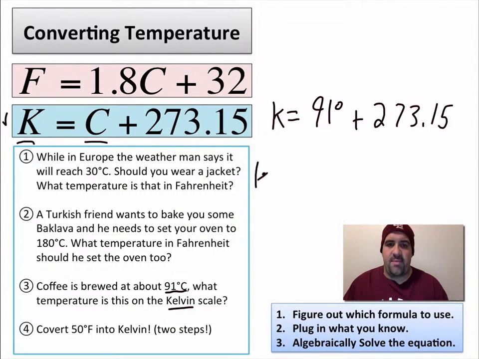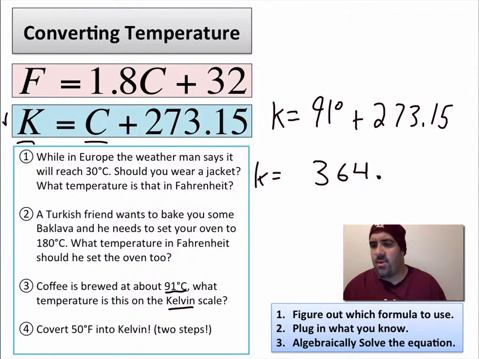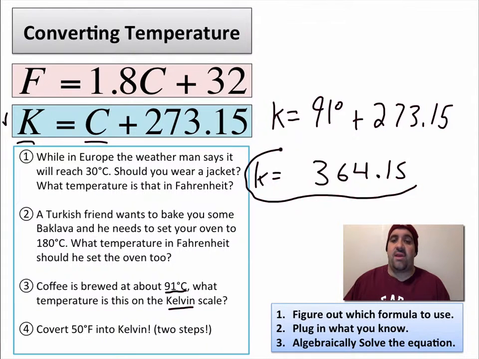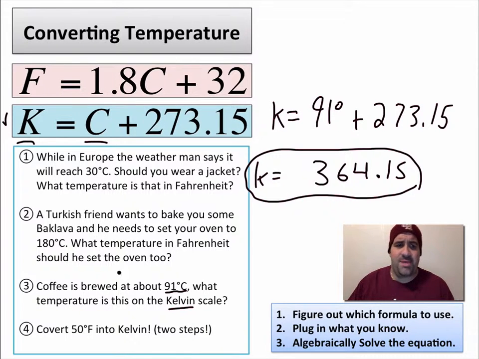So the Kelvin temperature equals 364.15, and shame on me for subtracting them at first, because the Kelvin scale can't be negative. That's on me. So that temperature in Celsius is 364 degrees Kelvin. All you do is take your Celsius value, plug it in, and you solve. That's it. You plug in the value you have in the appropriate letter.